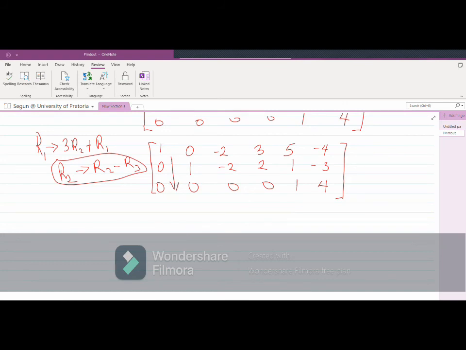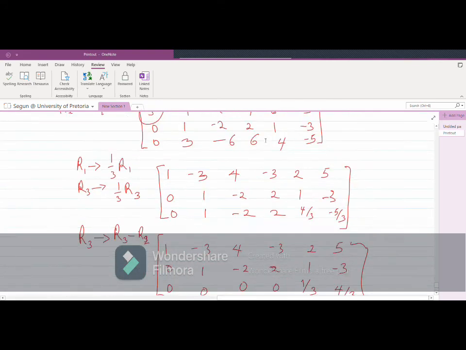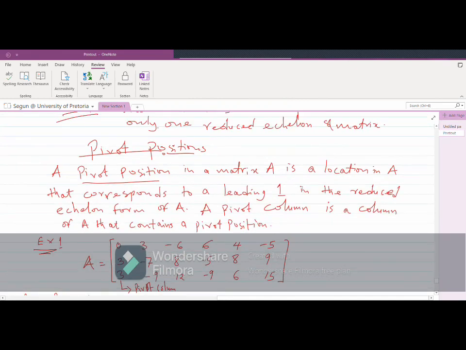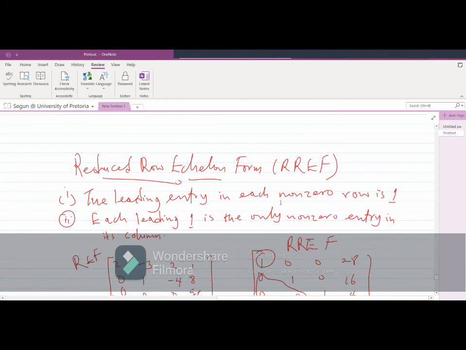Get the idea clear. The leading element is 1. The remaining elements in that column, let's go to that, for the reduced form. Let's look at it. Each leading entry of a non-zero row is 1, which we already achieved.